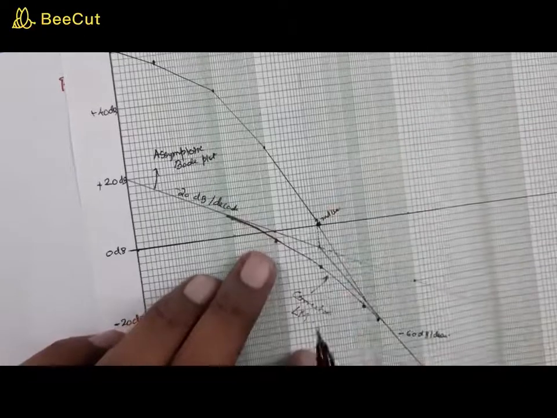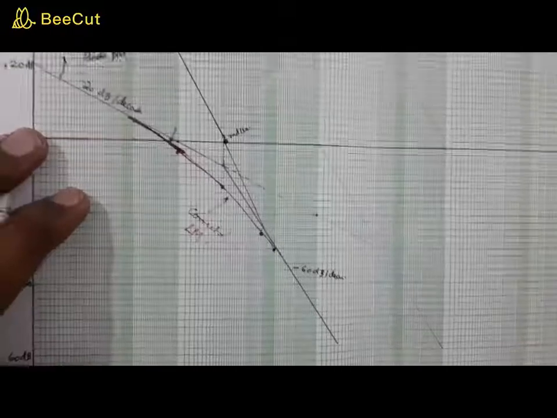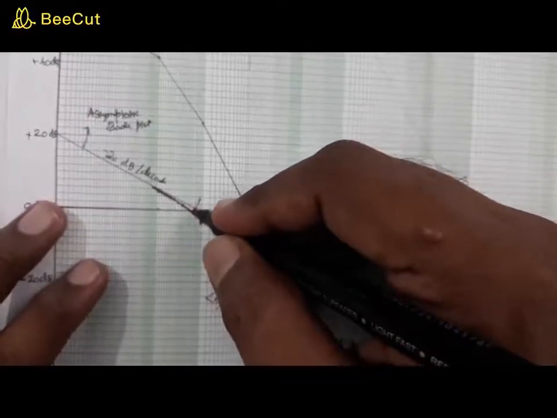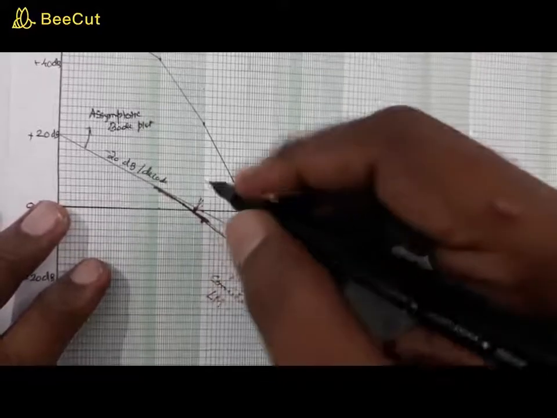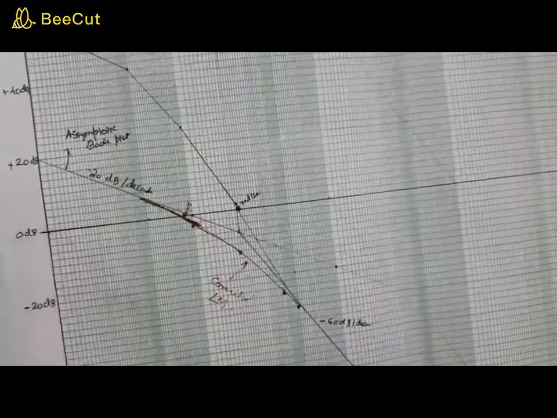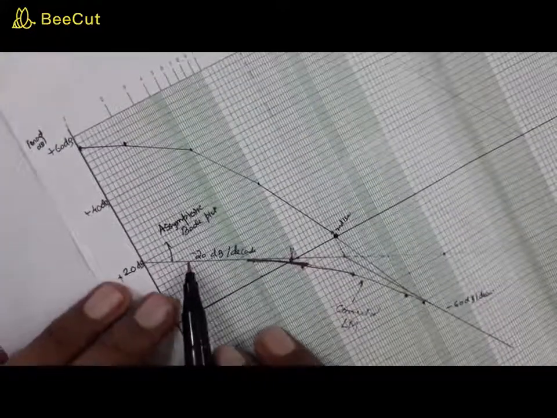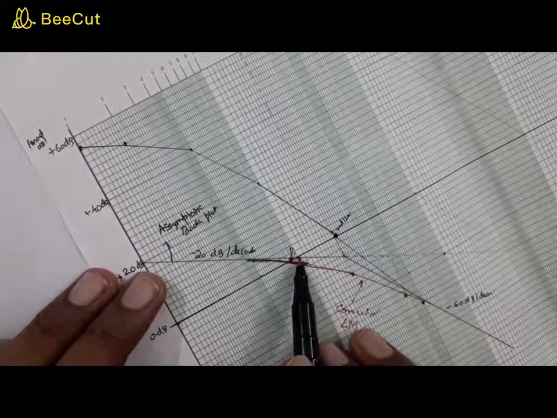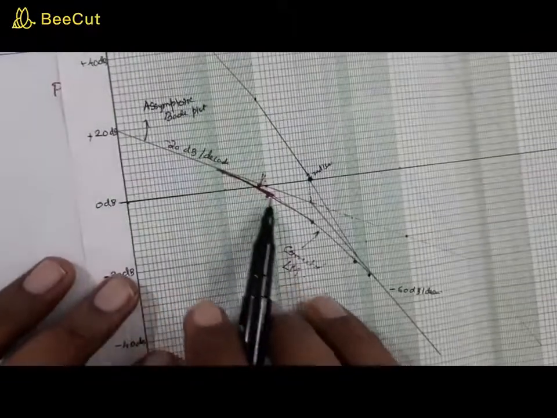When you consider the approximated plot, this will be 1 radian per second. The asymptotic plot will cross at 1 radian per second. Now if there is a correction, or if in the question you are asked to correct this, then you should take the corrected Bode plot.